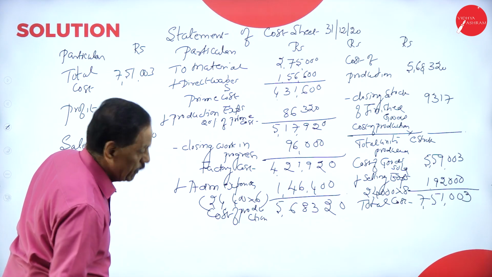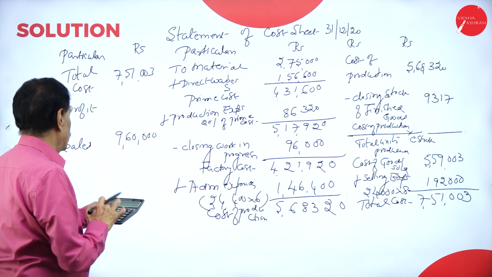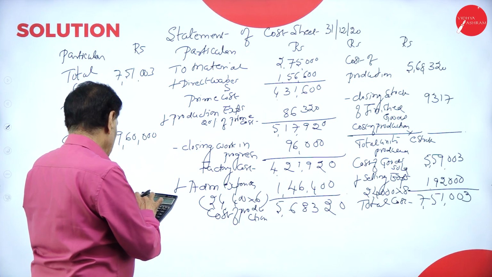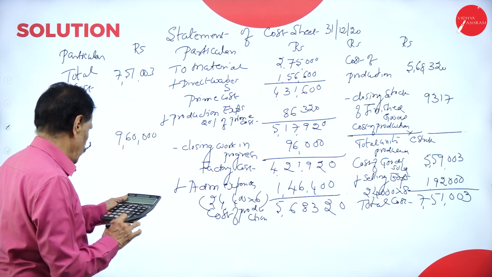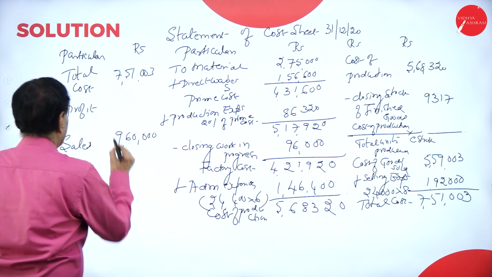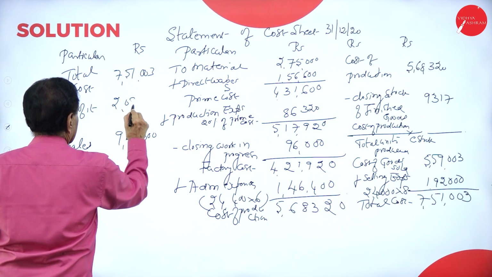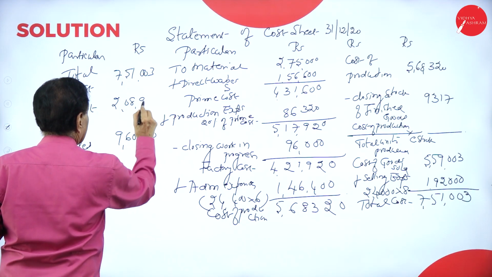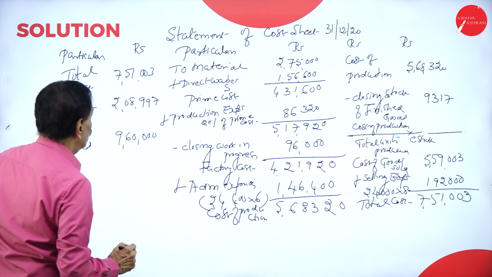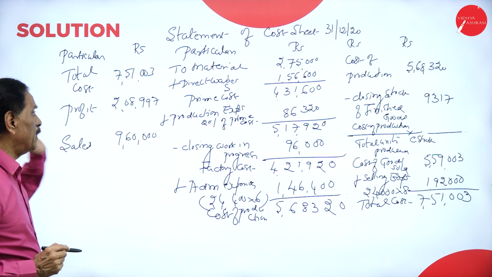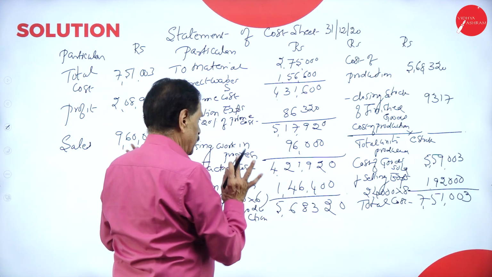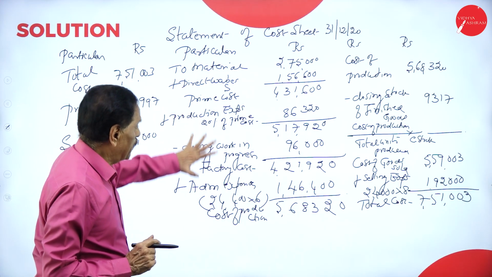Deduct 7,51,003, which is 2,08,997. So profit as per cost record is 2,08,997. This you have to prepare like this. I will explain all these things now. This is as per the cost sheet.